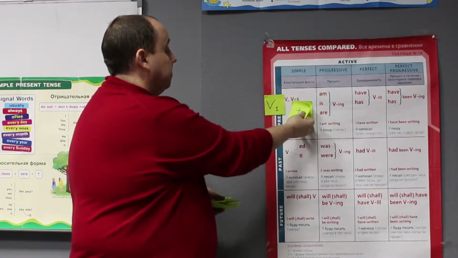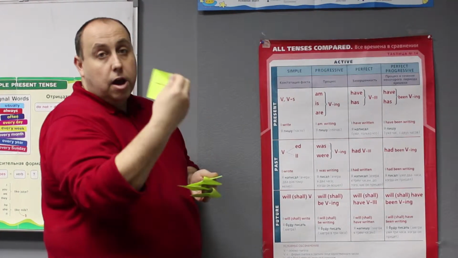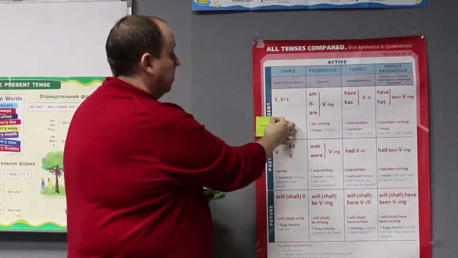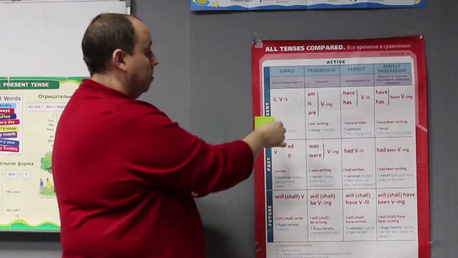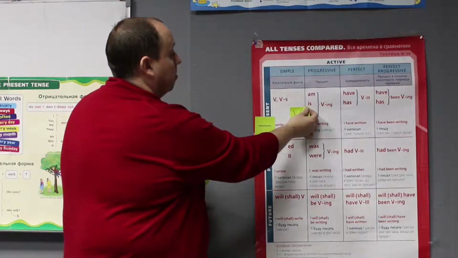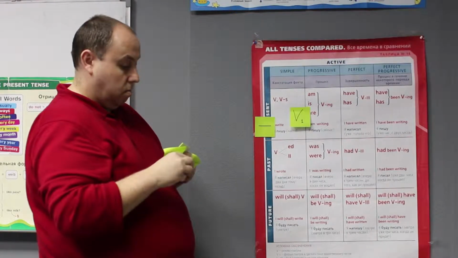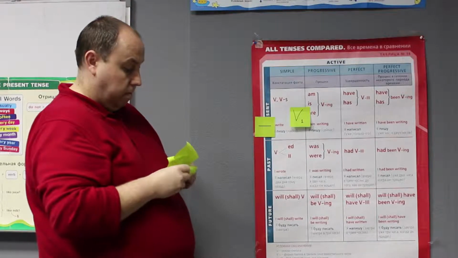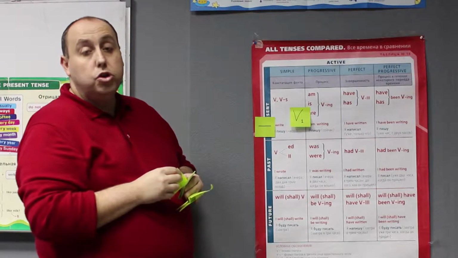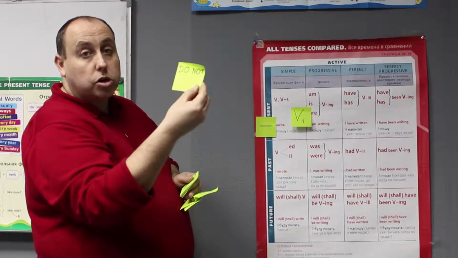Let's take these off. Now, if we have a negative in the present simple, we still use the verb in the first form. But if we have I, you, we, or they, we have the helping verb, do not.